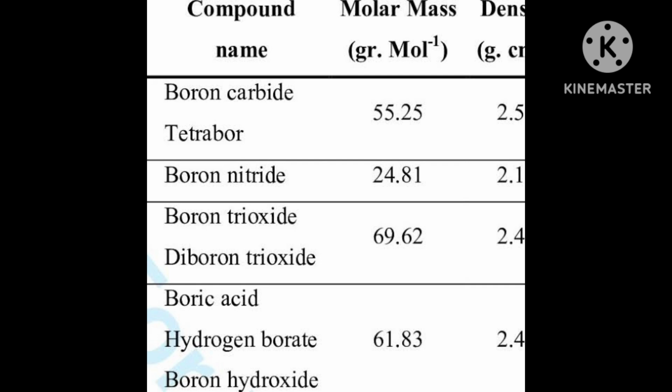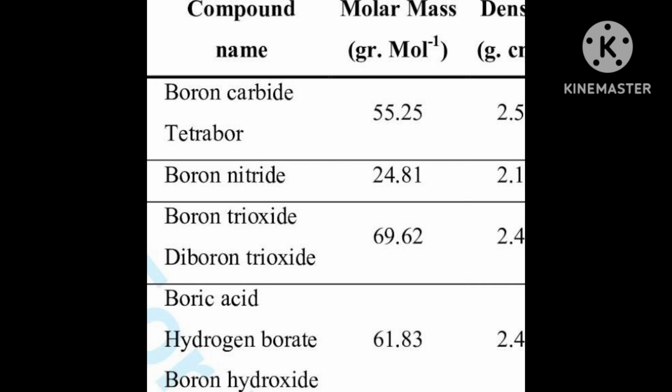That's why we give more importance to boron compounds, because boron makes very important compounds useful in real life. Others are there too, but not as much as boron. Now I am going to discuss diborane, B2H6.